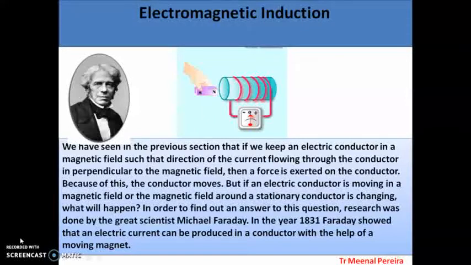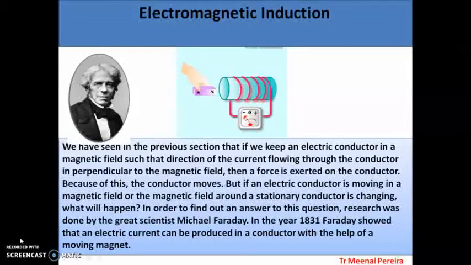But what if an electric conductor is moving in a magnetic field, or the magnetic field around a stationary conductor is changing? When the conductor is kept in the magnetic field, because of the force it shows some displacement. But what if the conductor is kept in a moving magnetic field?